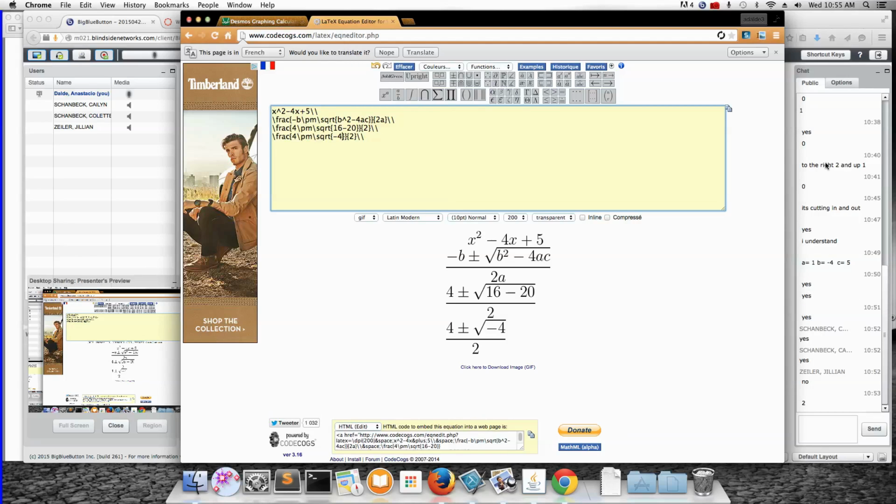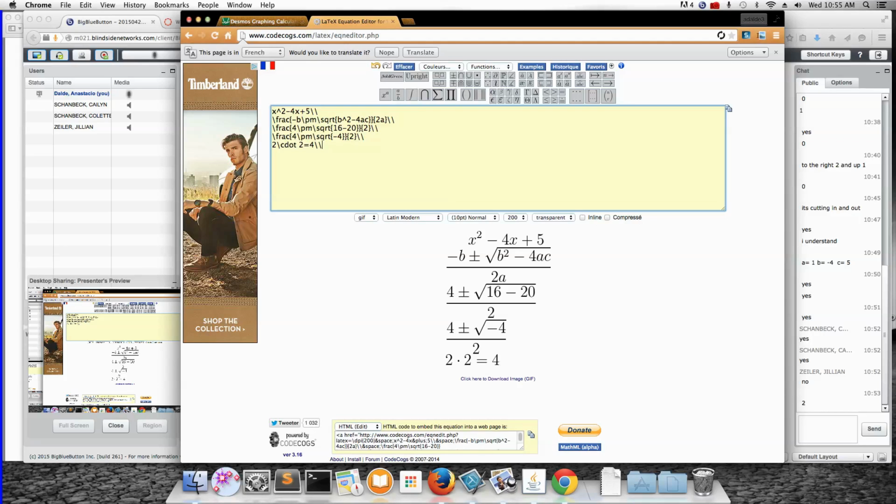2. Okay? What about negative 2? Does that work as well? Jillian, you just told me that 2 times 2 equals positive 4, and that's why the square root of 4 is 2.